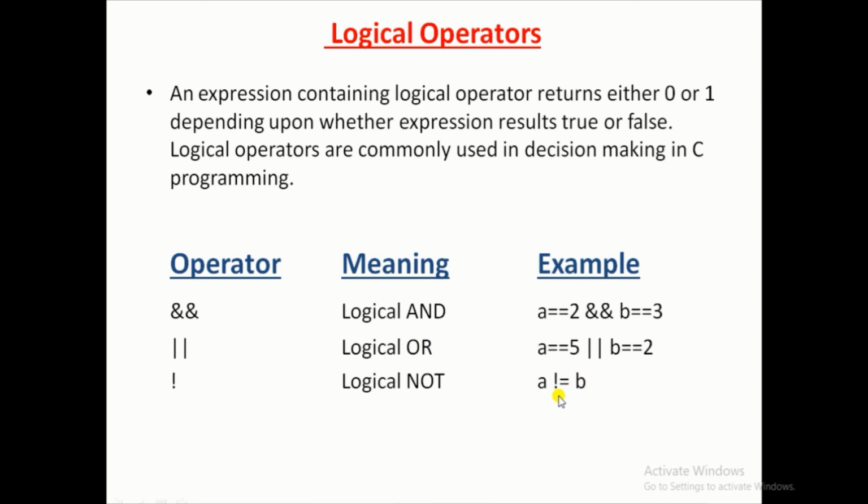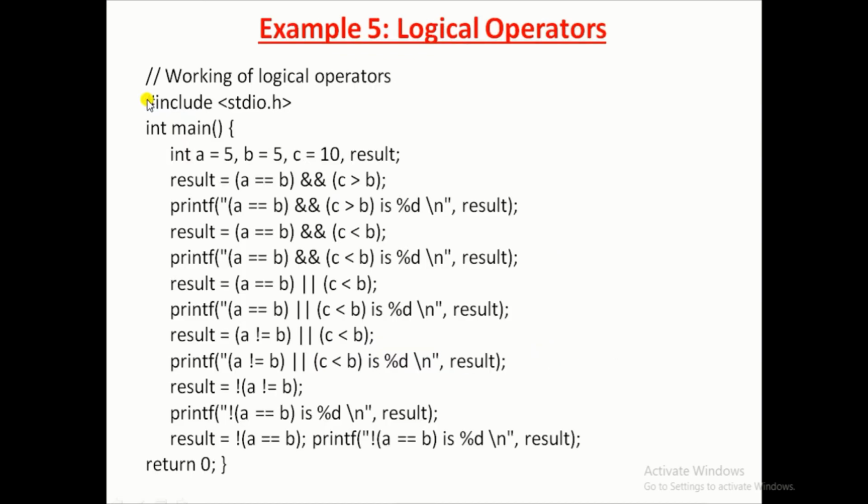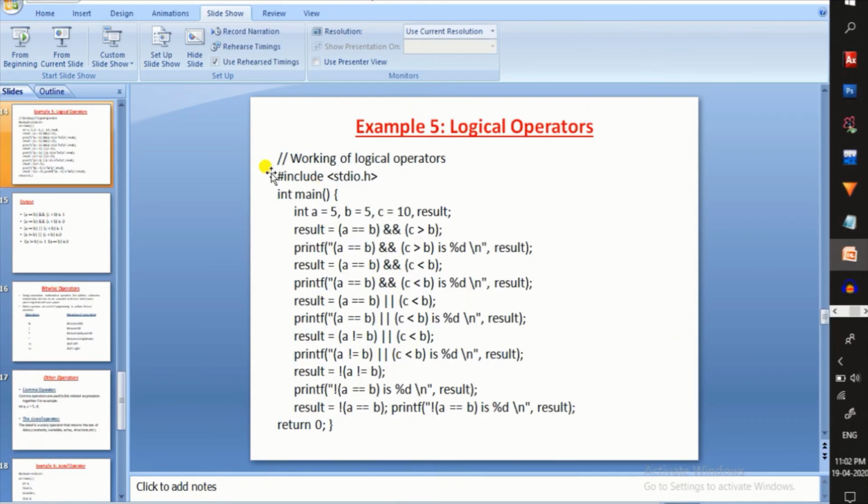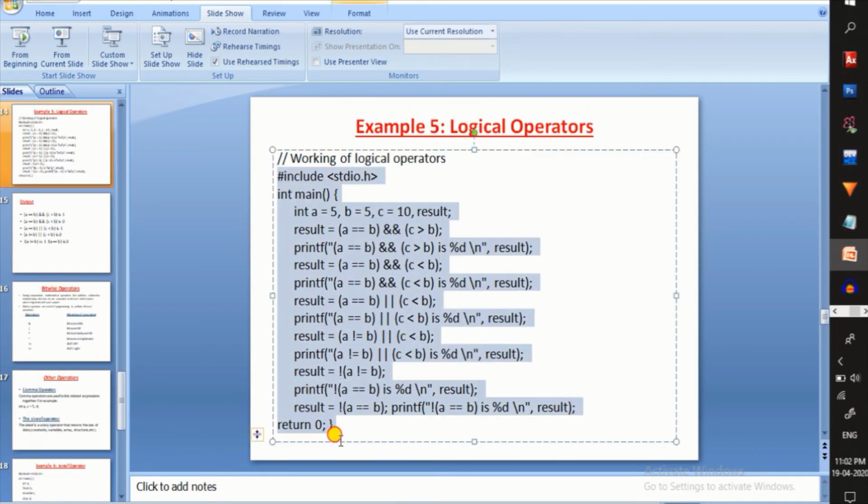If either this or this is true, it returns true, or if neither is true, it returns false. It is basically used in decision making. So let's see an example. Here is the example. Please practice this code in your system yourself.